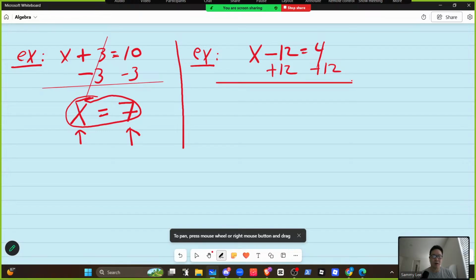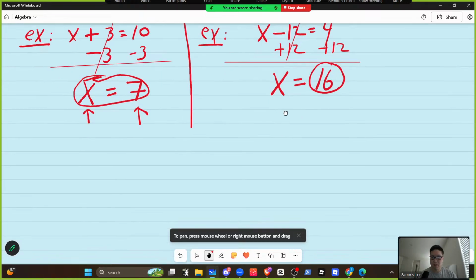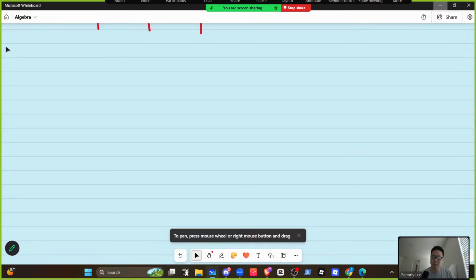I'm going to draw a line at the bottom. The negative 12 and the positive 12 cancel out, and we're just left with x on the left side, and on the right side, we have 4 plus 12, which is 16. Is that what you got? Yeah, good.